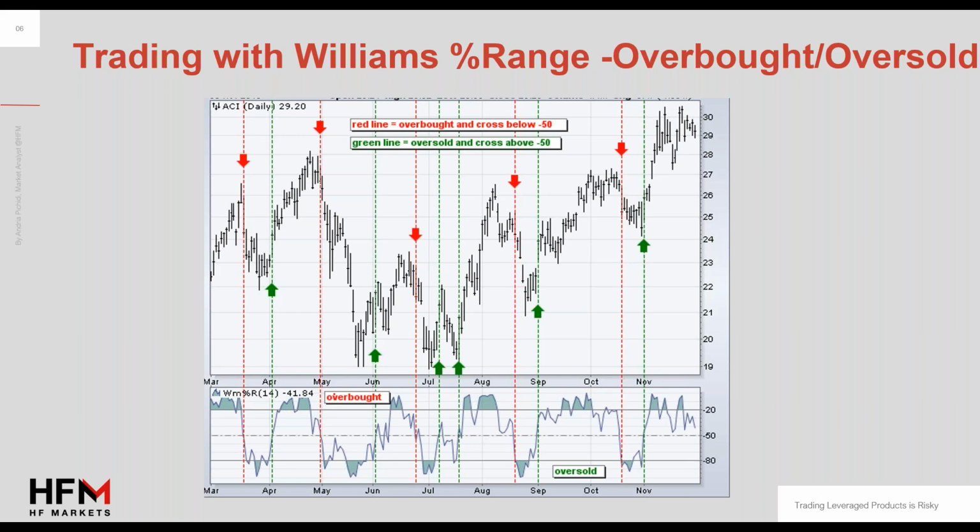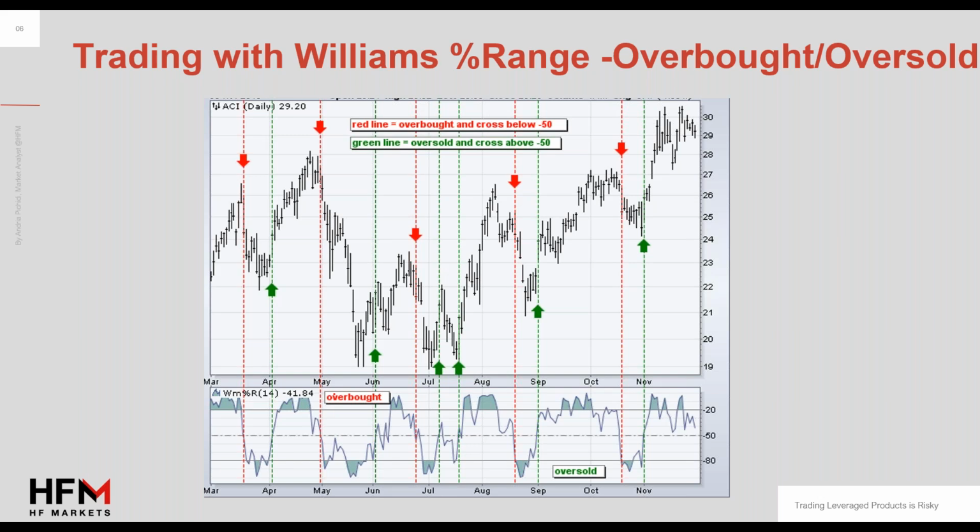Okay, so overbought, pull back, cross below -50. This is a sign of a bearish market. And with green, we have all the situations in which it used to be oversold, crossed above -80 and crossed the midline as well. Okay, so why are these also important?